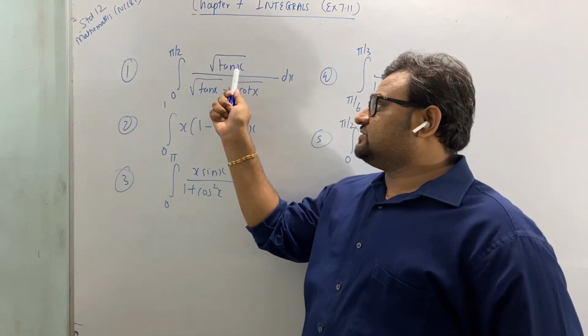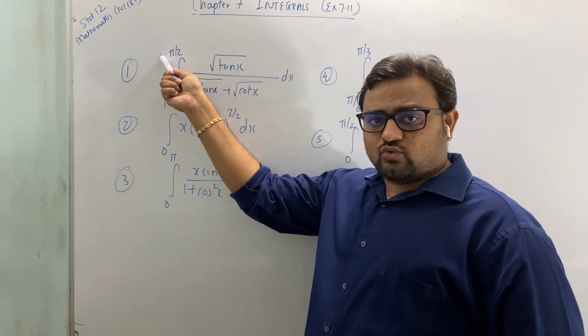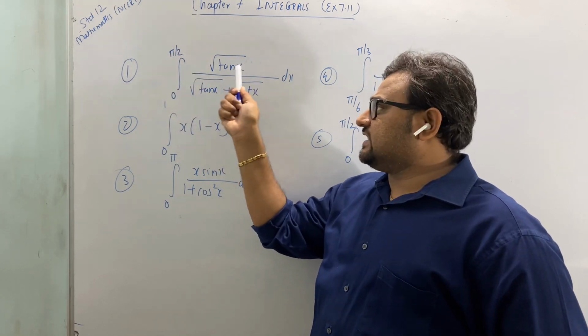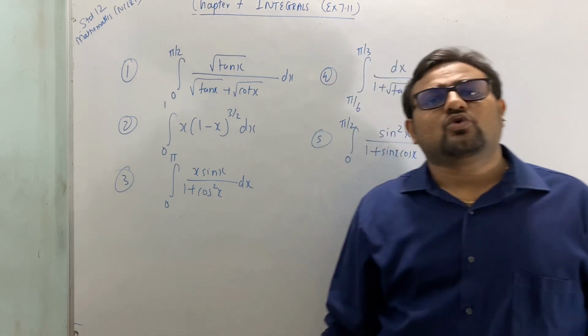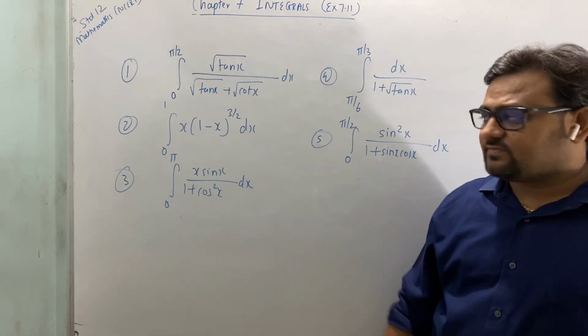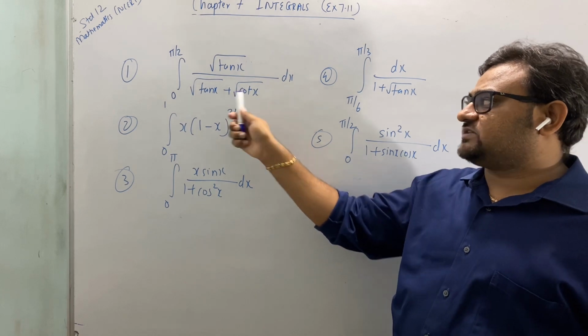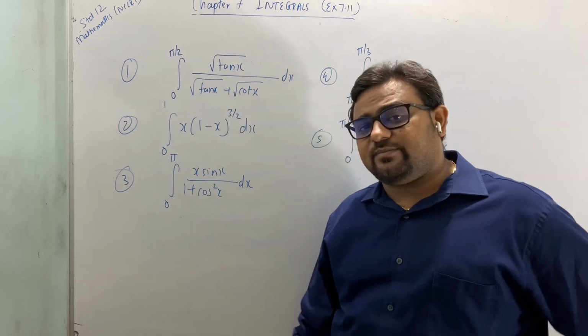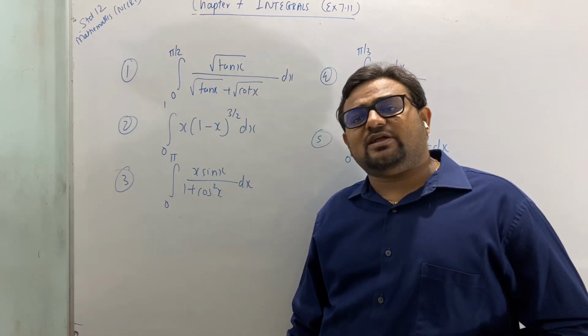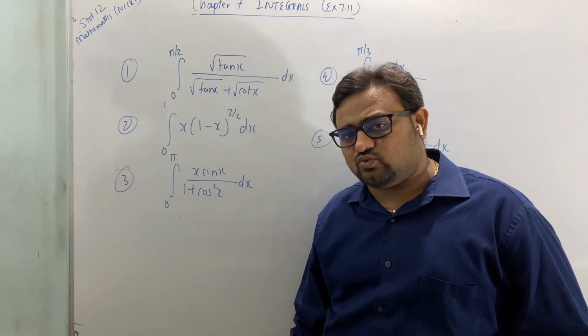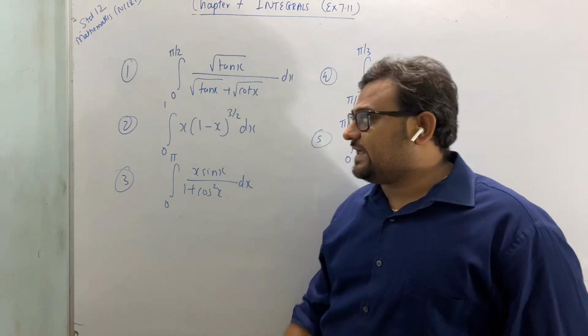Means here 0 plus pi by 2, that is pi by 2 minus x, that will be equal to root cot x. Here also root cot x and here root tan x. So the denominator will be the same. It will be similar to the last sum, I plus I is 2I, like that.